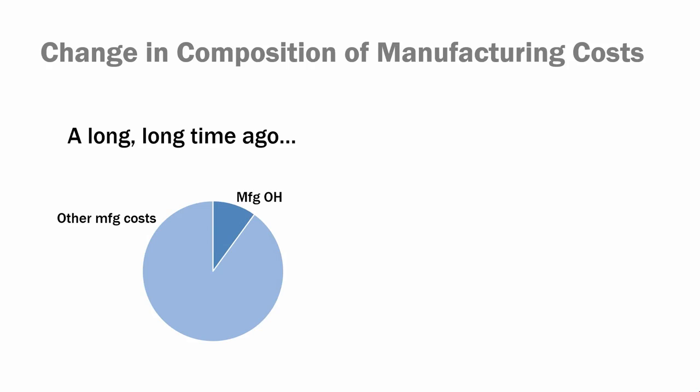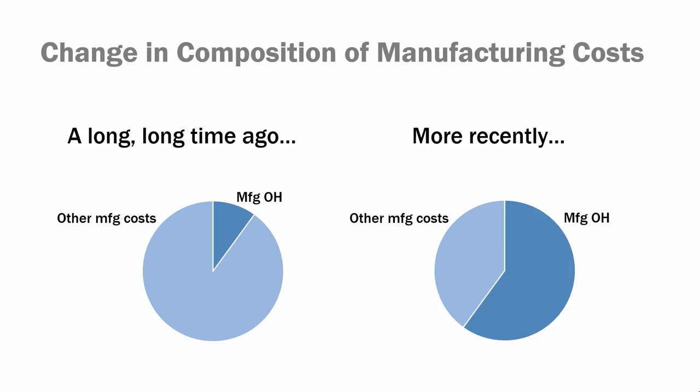So the bottom line was that the choices about overhead allocation didn't really affect the overall estimated product cost too much. But in recent times, we've seen increasingly more automation, and indirect costs now represent a much higher proportion of total costs. So choices in how you allocate overhead can change dramatically the estimated cost of a product.